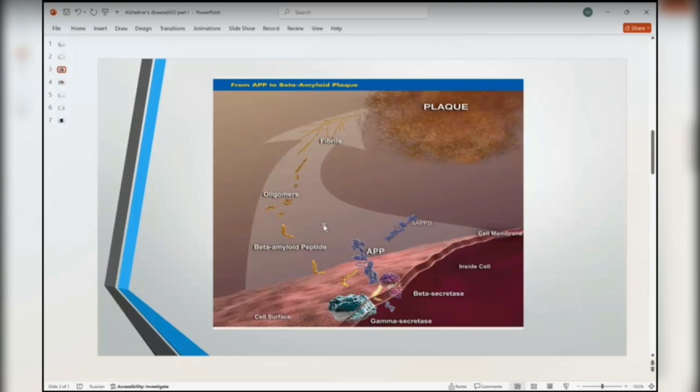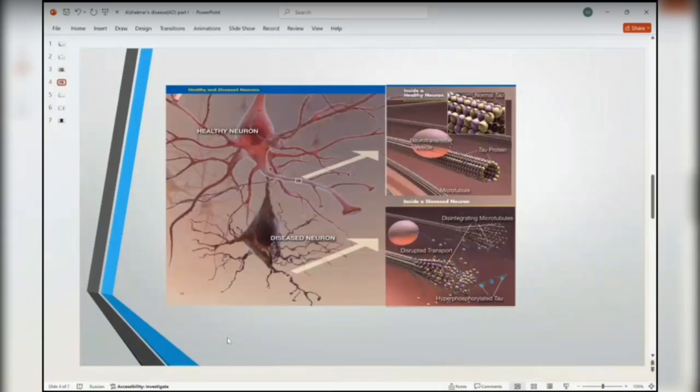These fragments aggregate outside the cell, and these are oligomers, smaller clusters of beta amyloid peptides, and these are fibrils, the largest structures formed by oligomers binding together, and this is plaque, the dense deposits of fibrils, characteristic of Alzheimer's pathology.